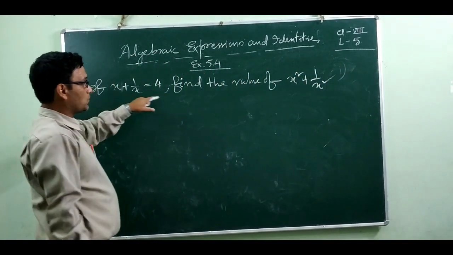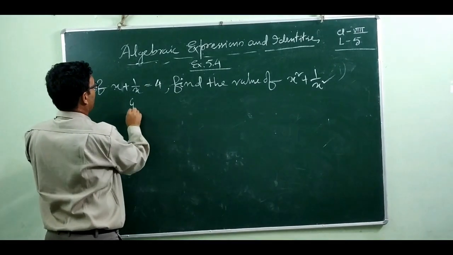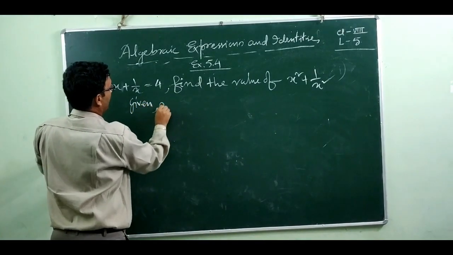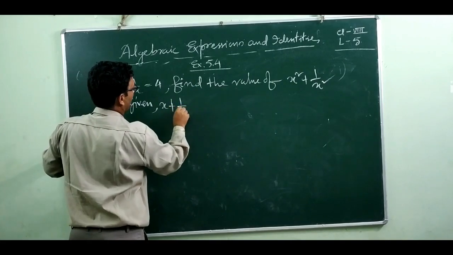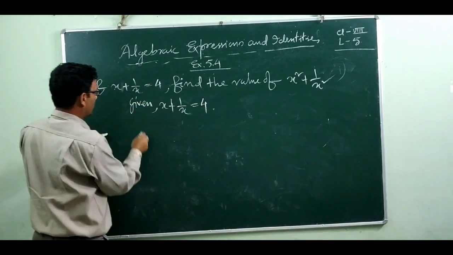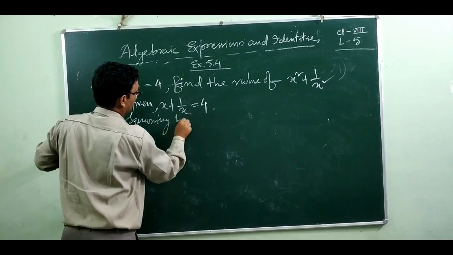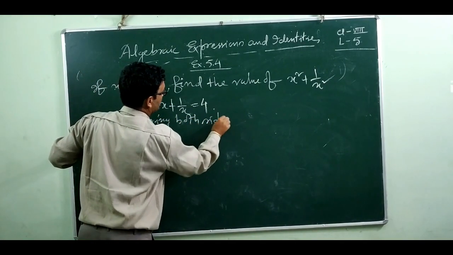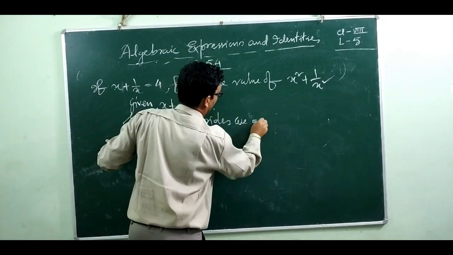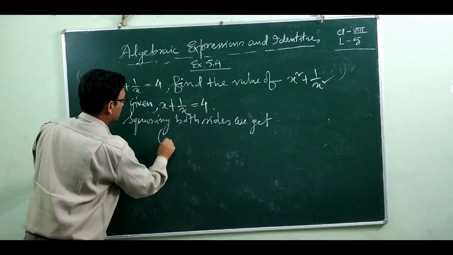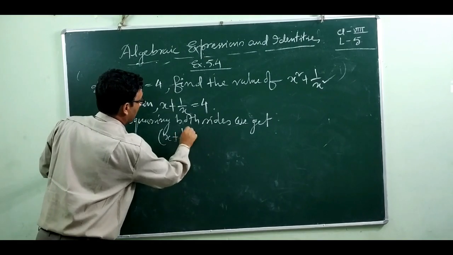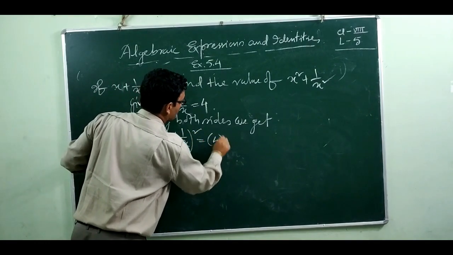Suppose you are going to solve this one, then how to solve? Here you will write the given, another method: x plus 1 by x equal to 4. Then you will write, squaring both sides. We get, what do we get? Squaring both sides means this side also squared: (x plus 1 by x) whole square equal to 4 square.